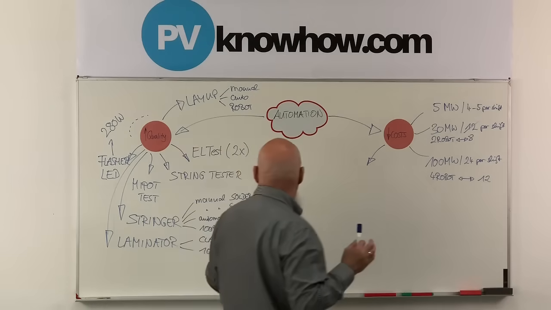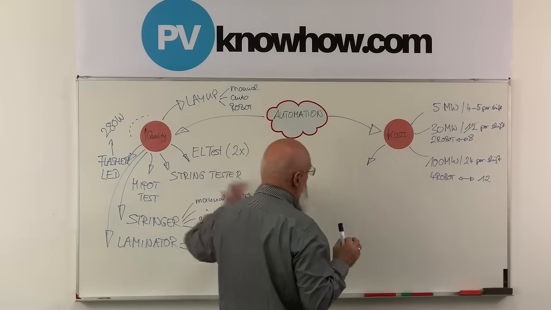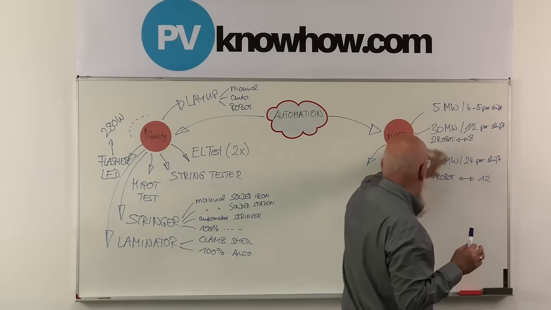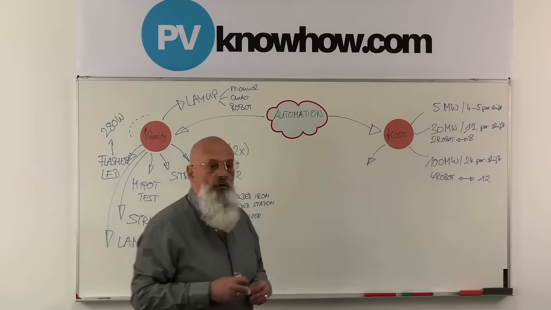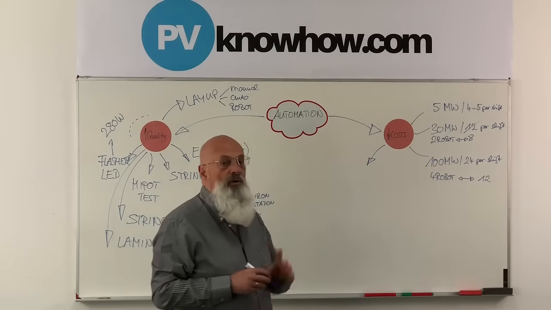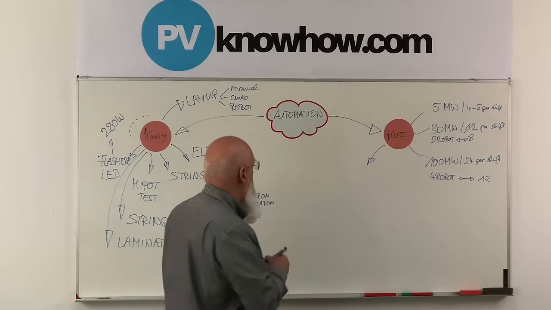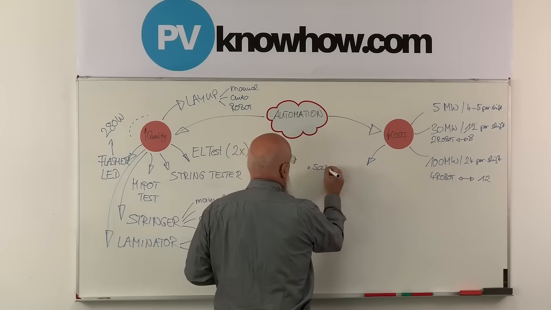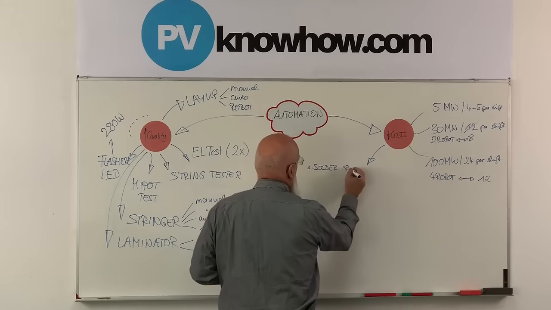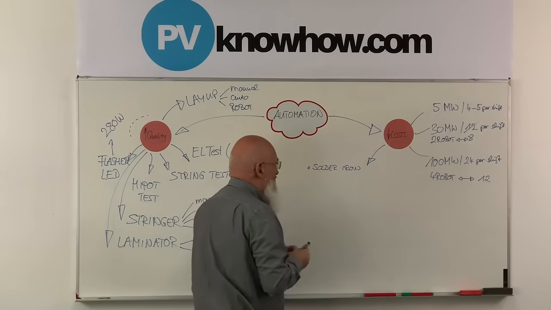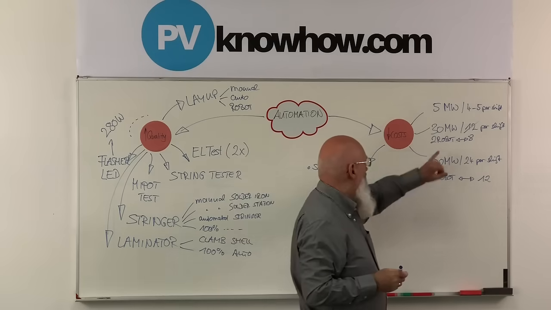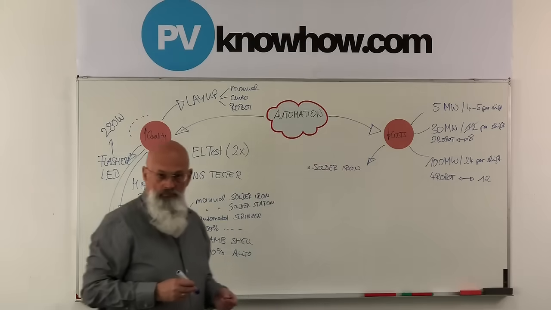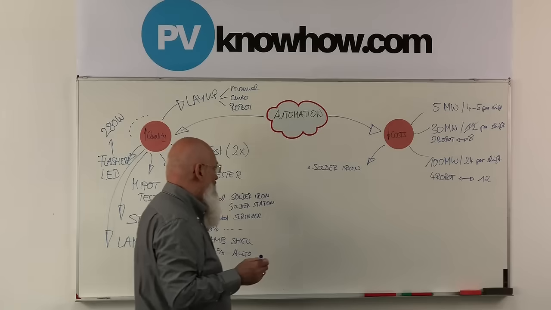We talked about quality improvements, we talked about some cost improvements. Now let's go step by step through the most important machines. The very simple solution is soldering with iron. In that case, for example, if you need 30 megawatt, you need 60 people in 3 shifts.